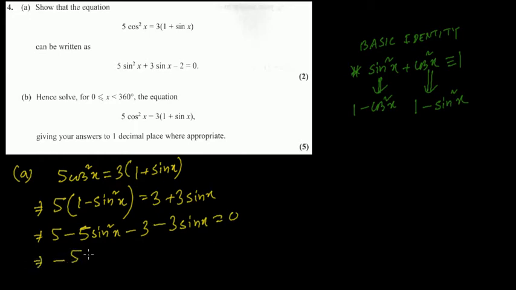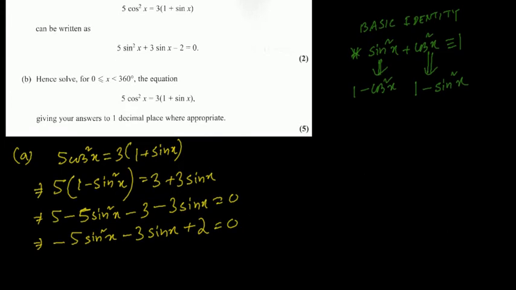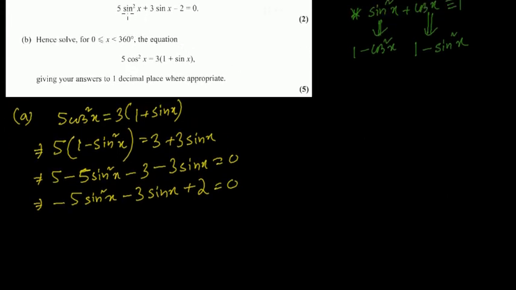We can write minus 5 sine squared x minus 3 sine x, 5 minus 3 is plus 2 equals to 0. Now does this match what we have to show? It doesn't. We just have to change the sign. Multiply both sides by minus. We get 5 sine squared x plus 3 sine x minus 2 equals to 0. Now it matches. So we have proved the expression that it can be rearranged and written like this.